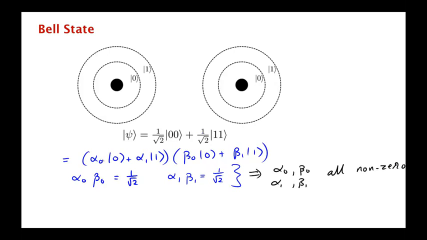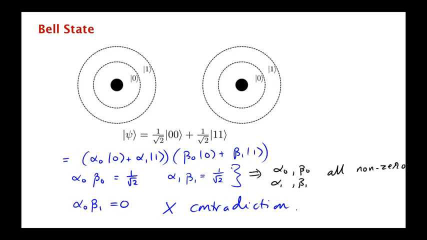And so what that means is that alpha 0 times beta 1 must be equal to 0. But that's not possible, because we said that all 4 amplitudes have to be non-zero. So that's a contradiction. What this shows is that we cannot factor this state as a state of the first qubit and a state of the second qubit.